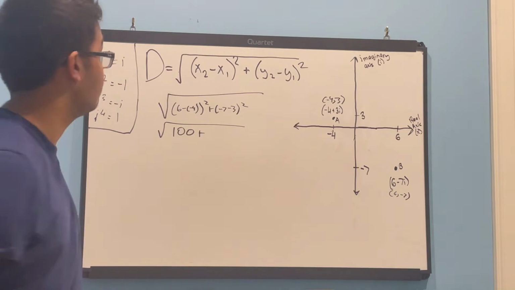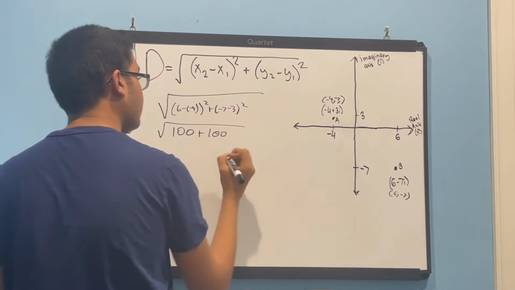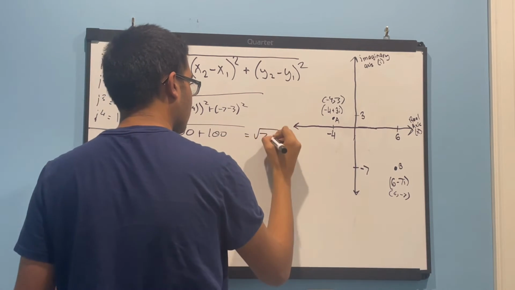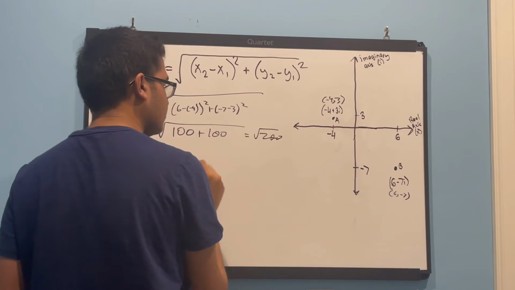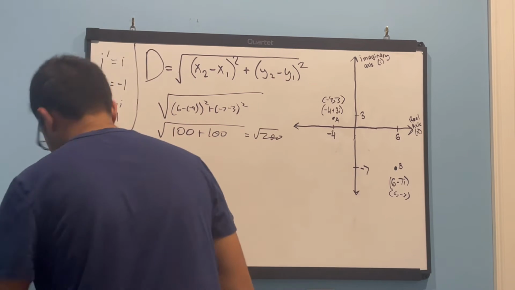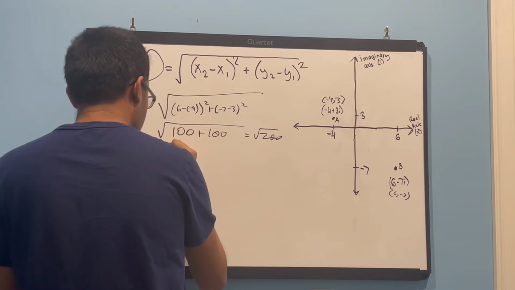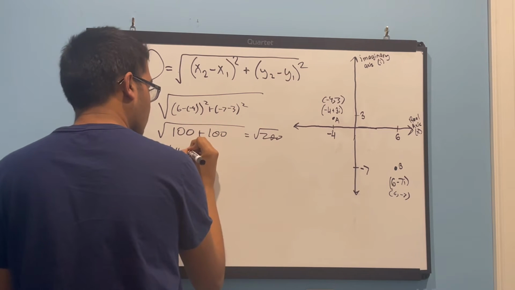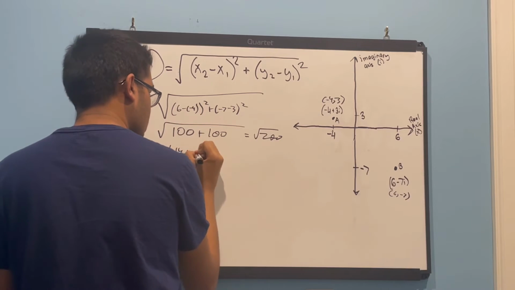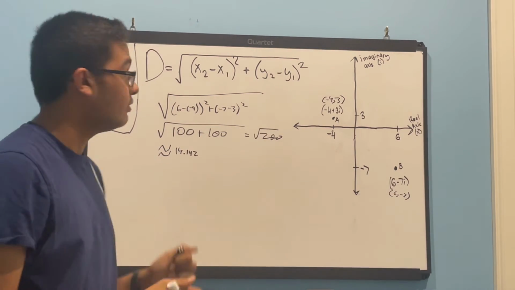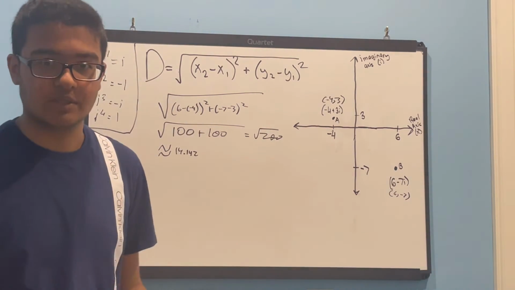Square that, that's 100, plus 100, and that gives you the square root of 200, which is approximately 14.142. And so that is how you find the distance between 2 points on the complex plane.